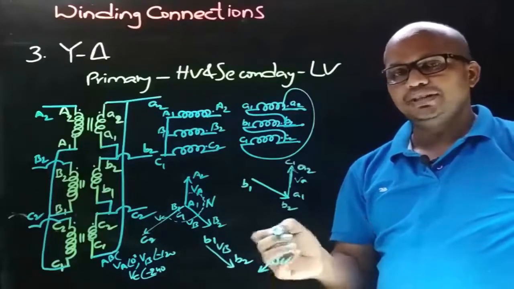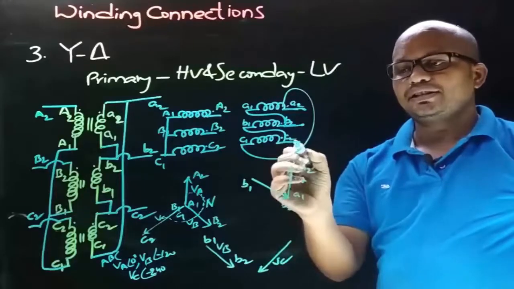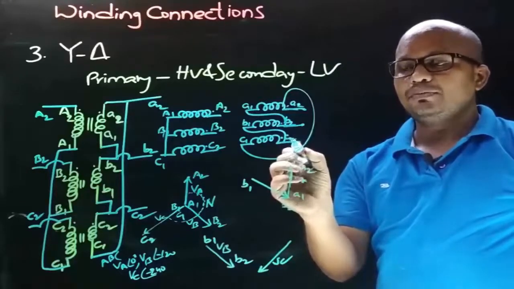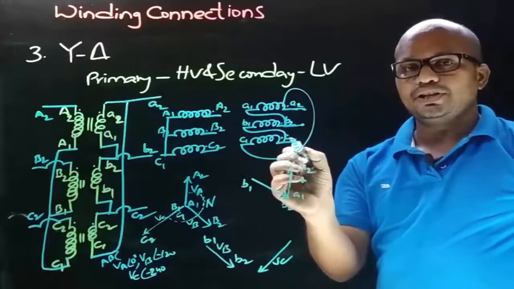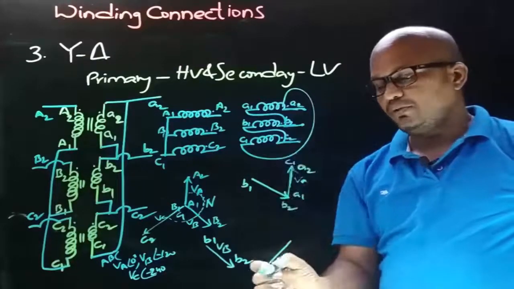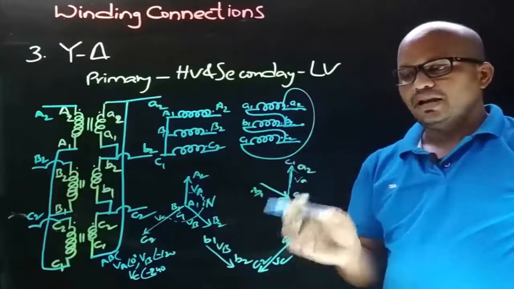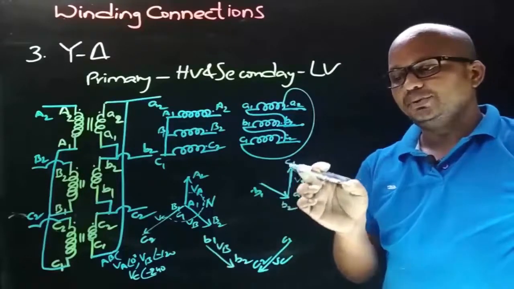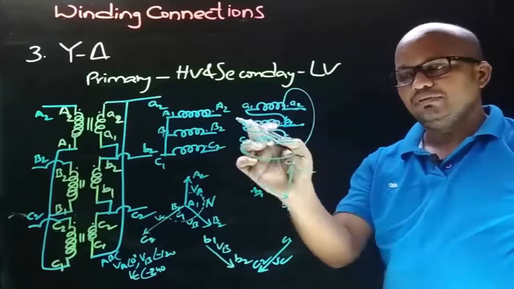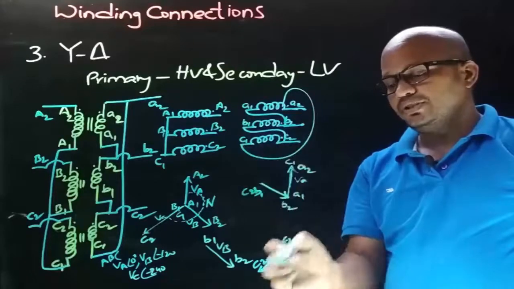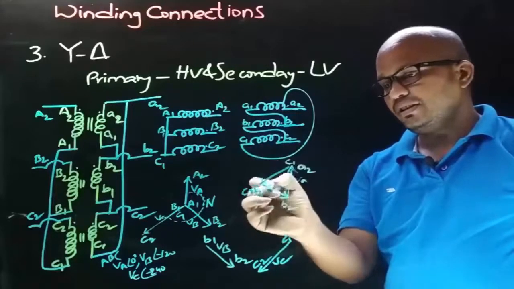Now we need to decide the terminals. As on the secondary side the connection is taken from the dot end terminal, that is C2, the arrow will point towards C2, so the other end will be C1. Observe in the secondary side phasor that A2 is having C1 and B1 must have C2. So this VC phasor is drawn like this.